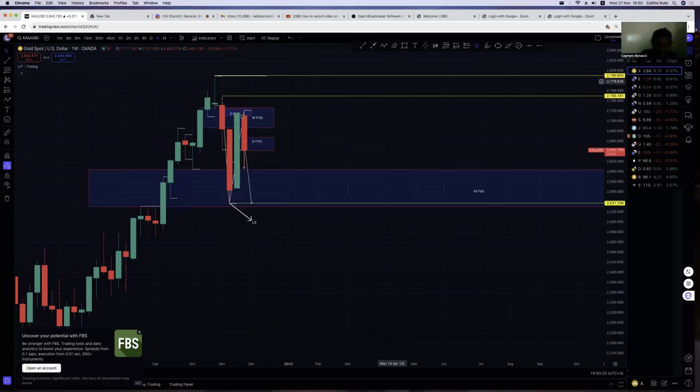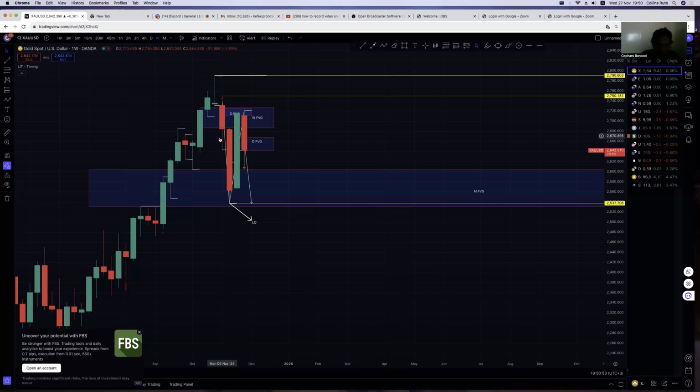After going straight up, I was curious to see how this candle would close. And you can see very well it closes with no wick, no tail. So this shows you that maybe we are more bullish. So I'm waiting to see if we will go further up.